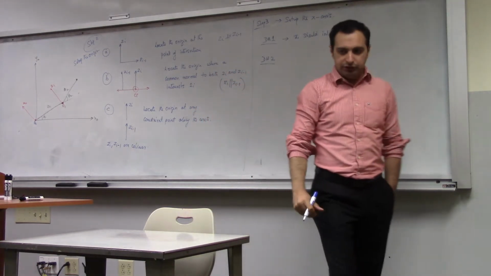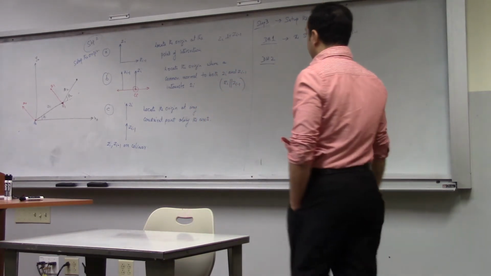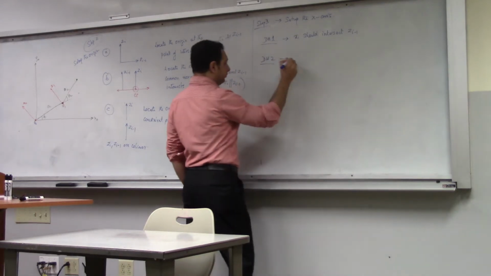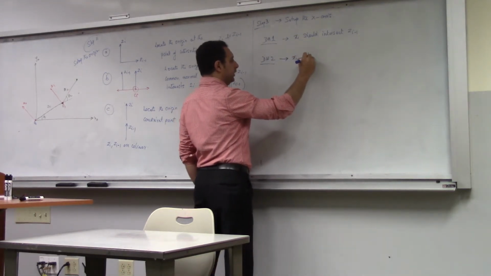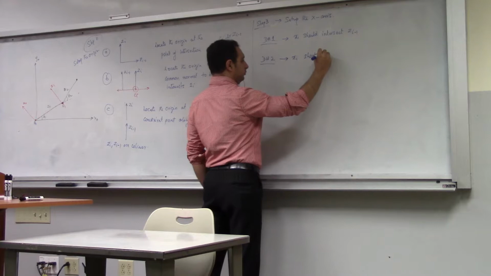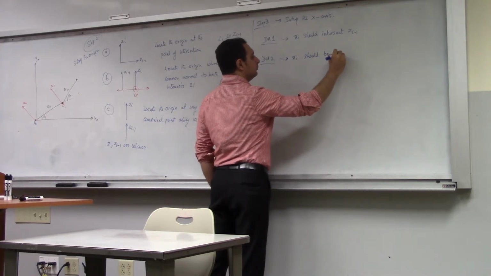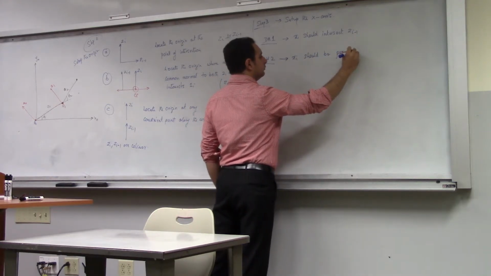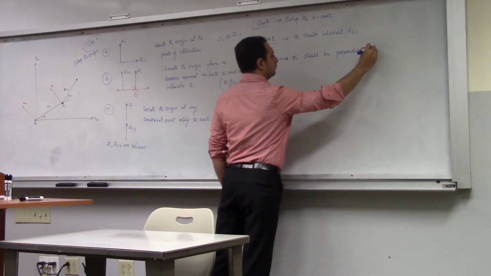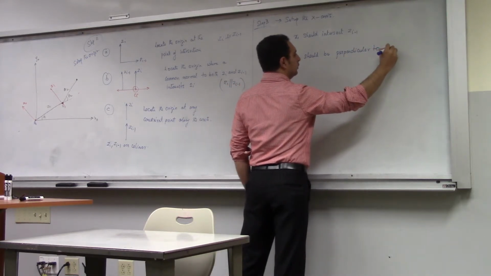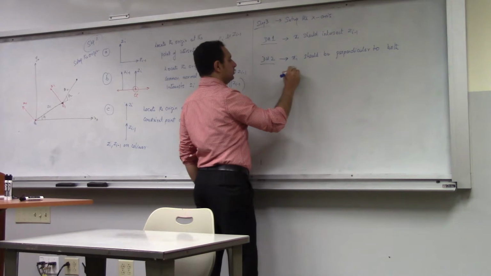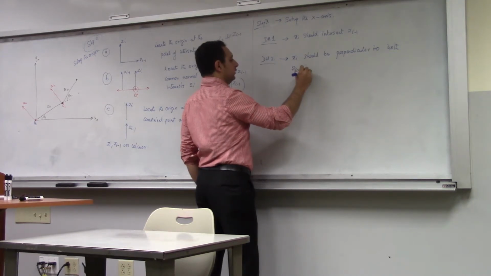Okay, xi should intersect zi minus 1. And the second rule is xi should be perpendicular to both zi minus 1 and zi.